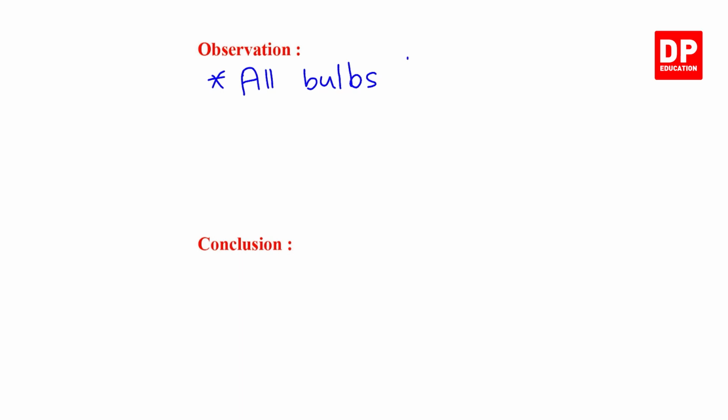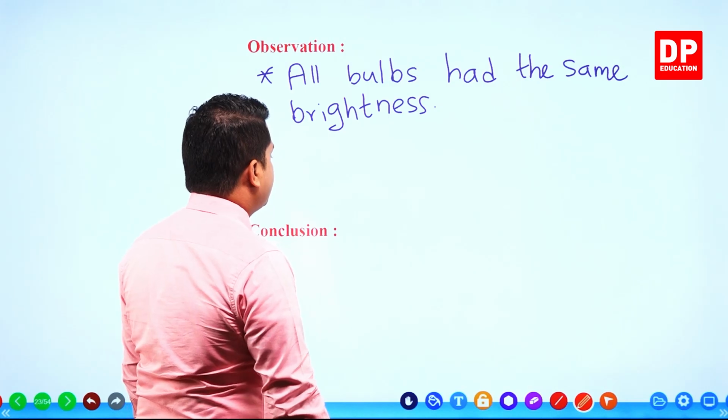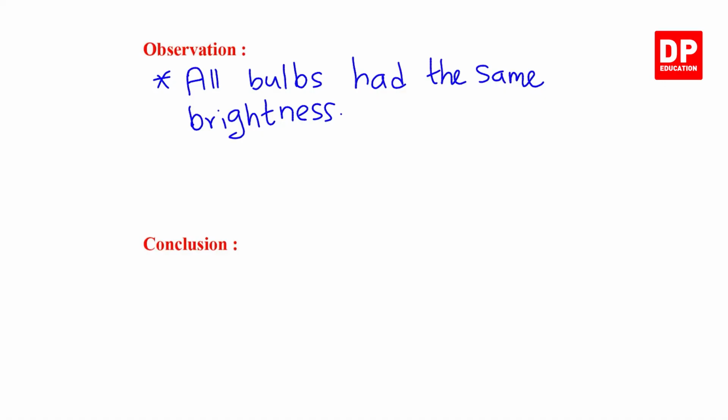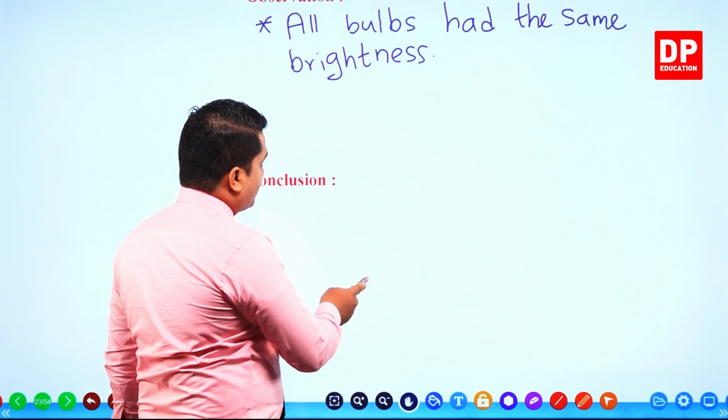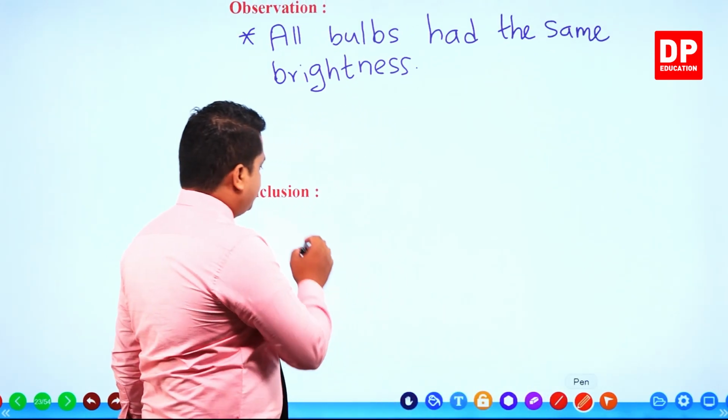All bulbs had the same brightness. The reason, under the conclusion we can write: the same voltage is supplied.